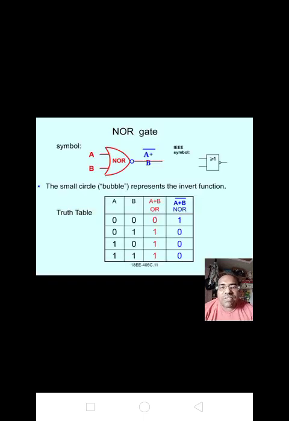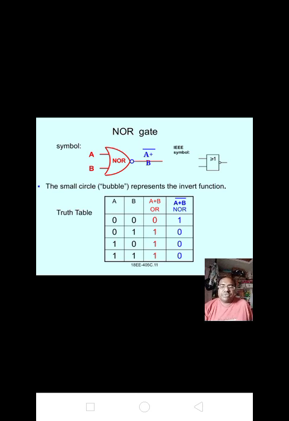Next, here I have given the symbolic representation and the IEEE symbol for the NOR gate. Please make a note of it. That is, the symbol of NOR gate is, for the OR gate we add a small bubble at the tip of the OR gate. We get the symbol of NOR gate.